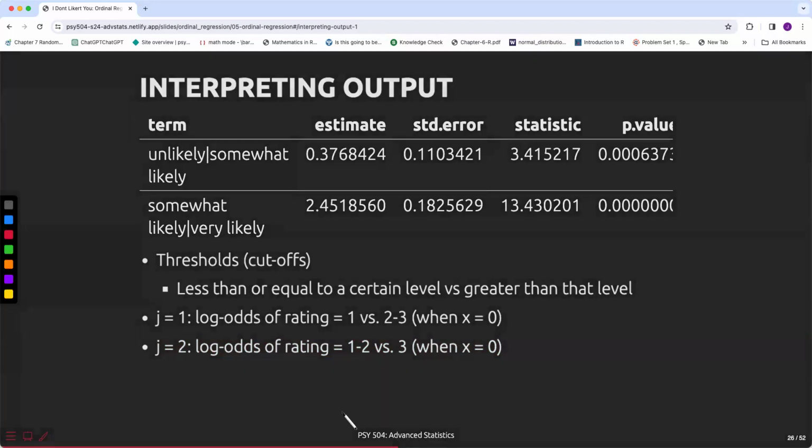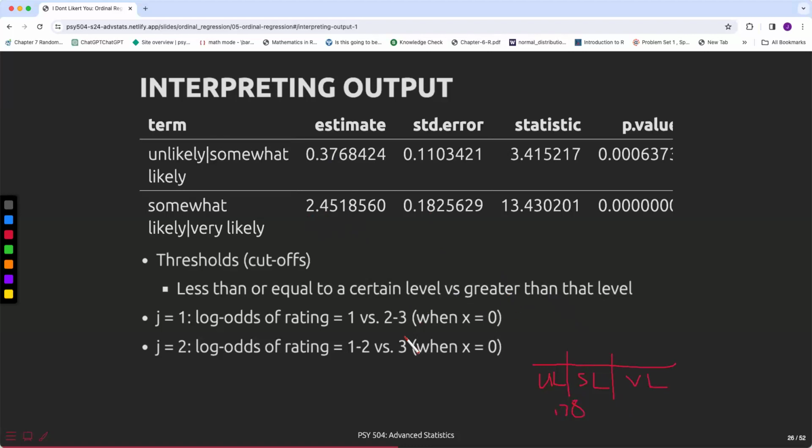As a visualization, we can think of a number line. Excuse my horrible handwriting. So we have unlikely, somewhat likely, and then very likely, right? The first cut point is 0.38, so that would fall right here. And then the second cut point is 2.45, and that would fall right here.